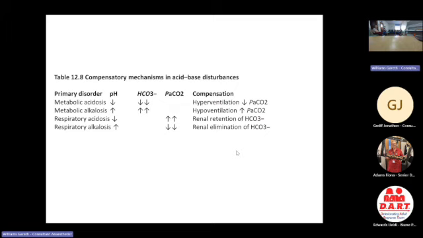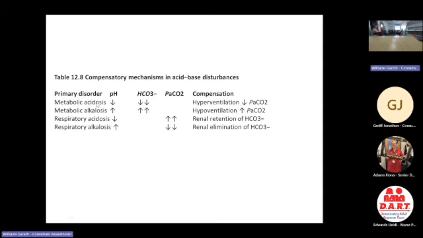So let's just have a little think about the primary acid-base disturbances, and then we'll talk about some of the compensatory mechanisms and how we evaluate them. We usually do it at the bedside just by eyeballing, but there are rules you can use. I'm sure you all know this, but let's go through it quickly.